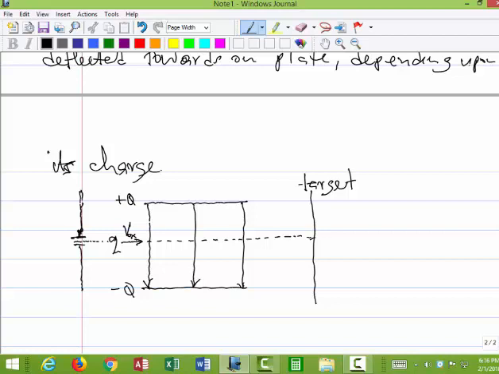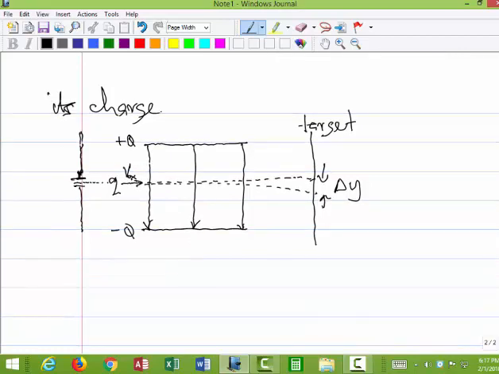If instead once we put the electric field on, the charged particle will deflect that way and hit the target at some point. Okay, so we can find the deflection delta y for this charged particle when it enters the electric field of the capacitor.